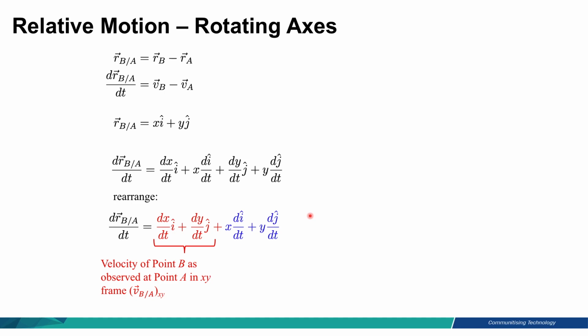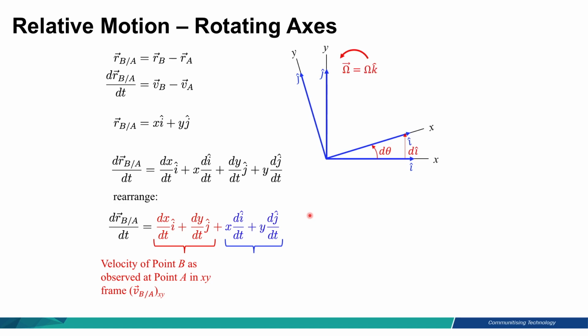You will see what this means. And the blue part here represents the rotation of the axis. So when the axis rotates, the axis also has its angular velocity, which is denoted by the capital omega. This is to differentiate it from the small omega that is used to represent the angular velocity of a rigid body.